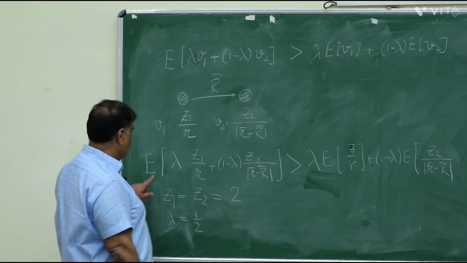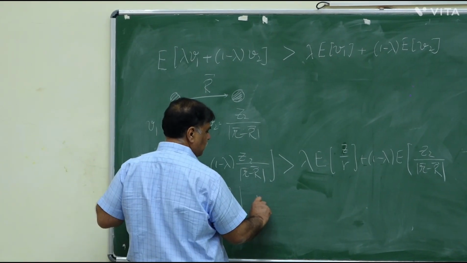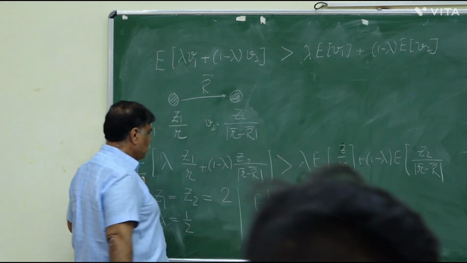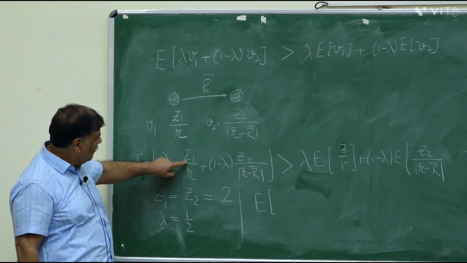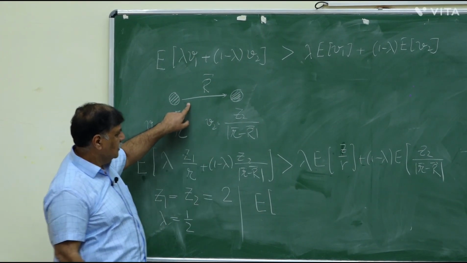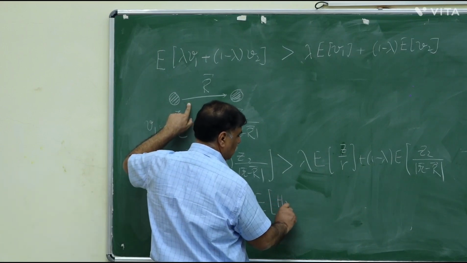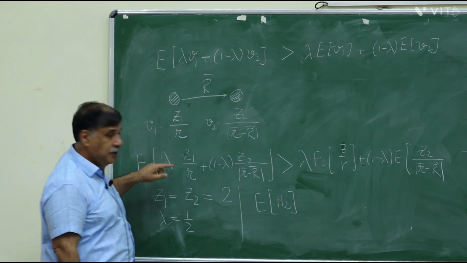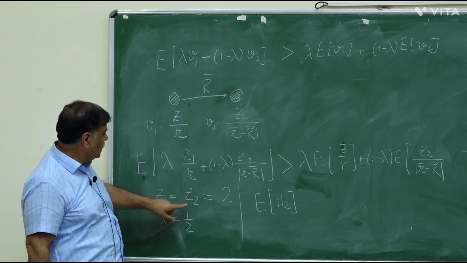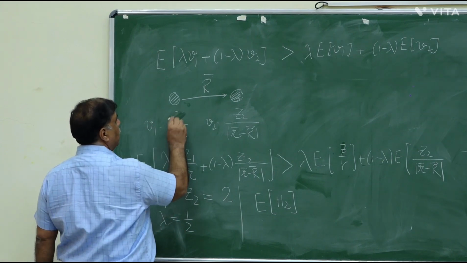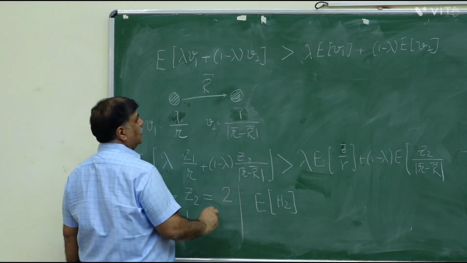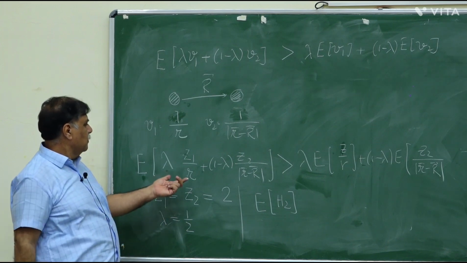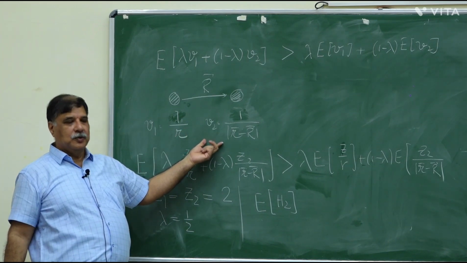Even without calculating, you can see that E of 1/2 1 over R plus this is going to be the H2 molecule. Right? If I take Z1 and Z2 equals 1, so this is 1 over R1 minus R2. That's the H2 molecule.